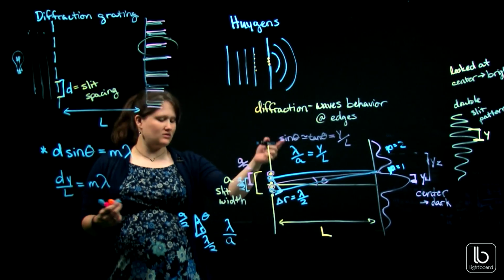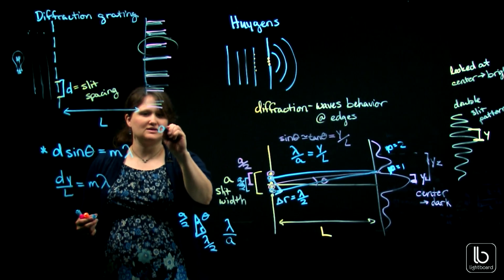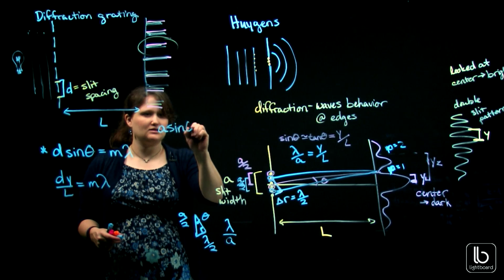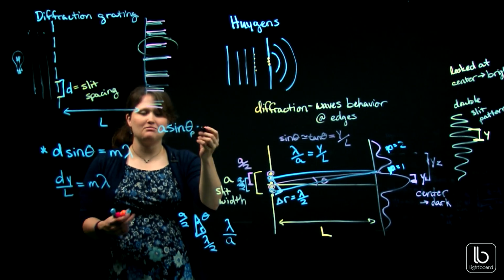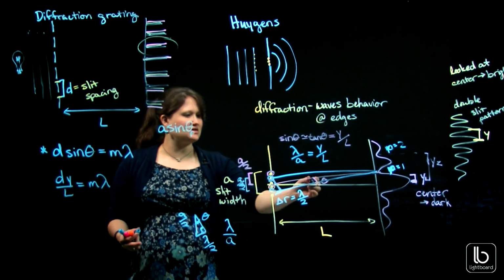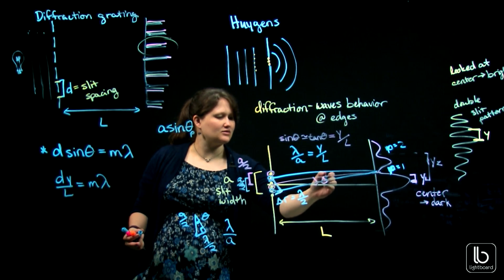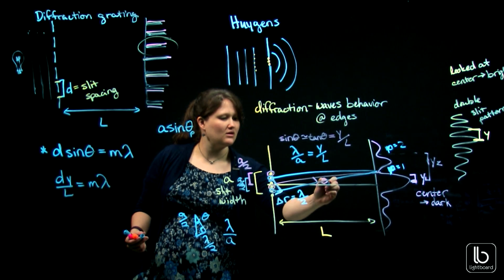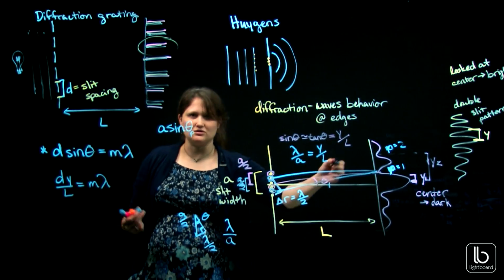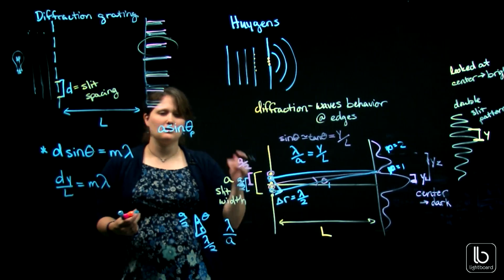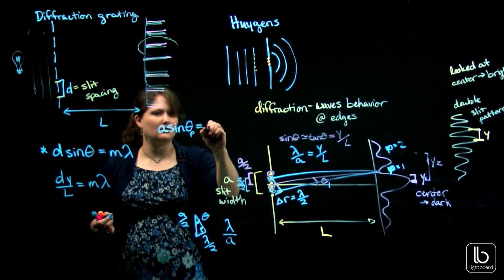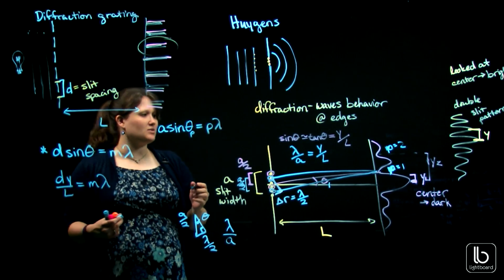And what we end up with when we do that, we say A times sine of theta, where P is my subscript. If I'm looking at P equals 1, then it's just this angle, so this angle here would be theta 1. This angle up here would be theta 2 for P equals 2. A sine theta is equal to P times lambda.